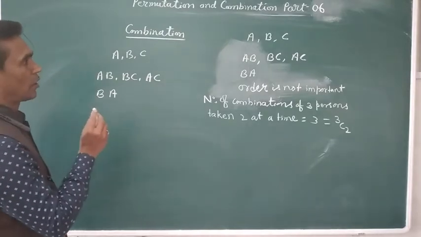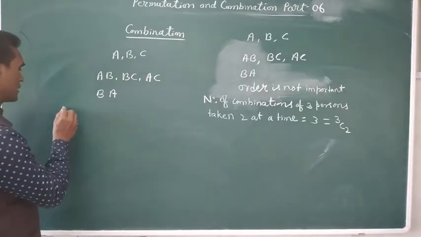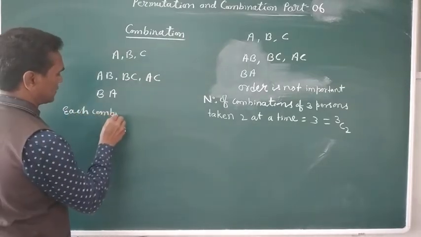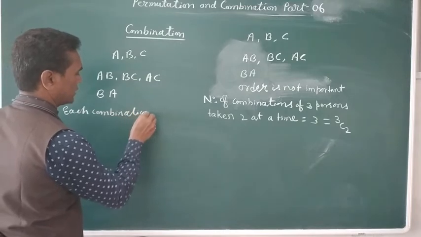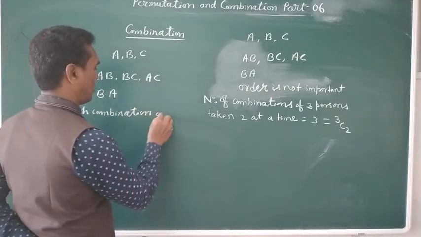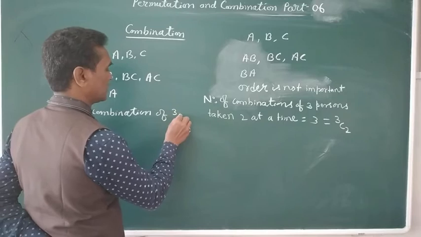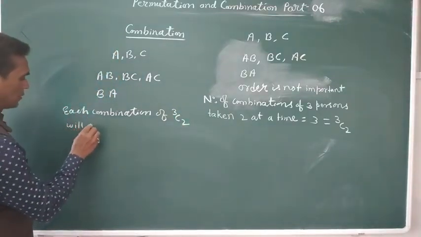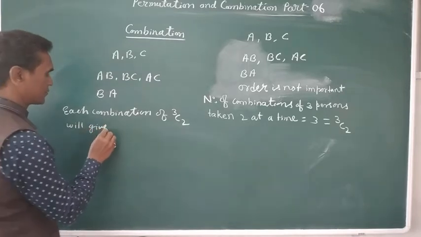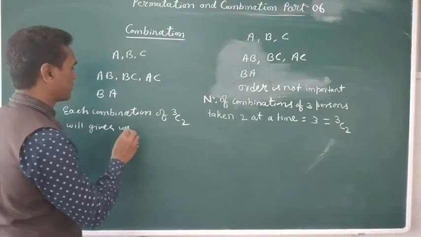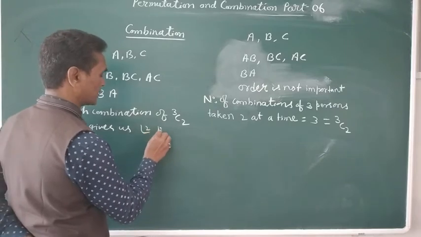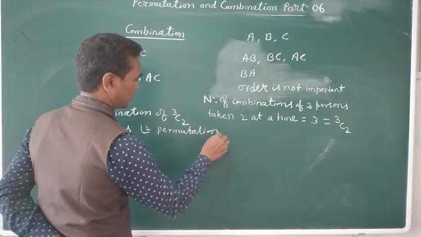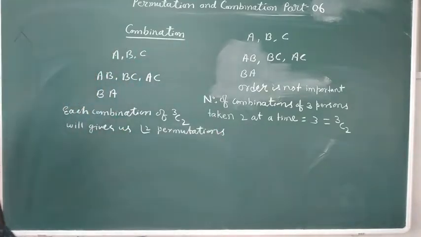It means each combination of this 3C2 gives us factorial 2 permutations.